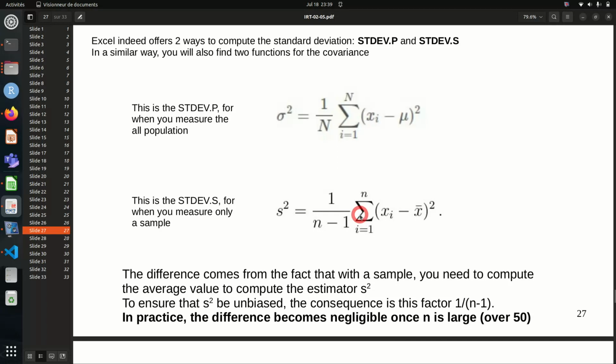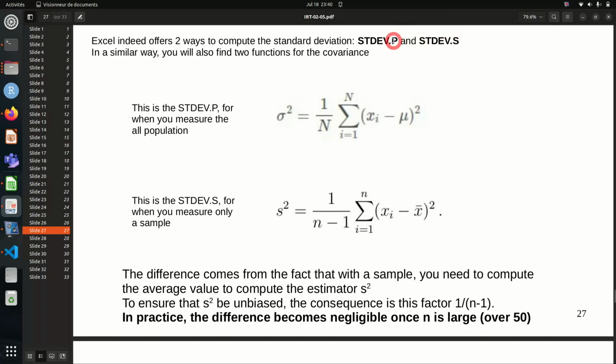And this is where you need to be really careful about some formulas that you use. If you look at Excel, you have probably noticed that Excel offers two ways to compute the standard deviation. There is the formula STDEV, but it's kind of tricky because you can have STDEV.P or STDEV.S.